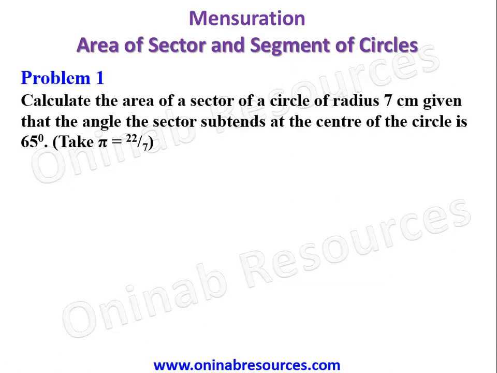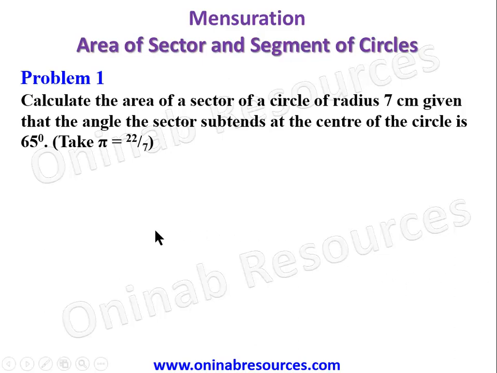Problem 1. Calculate the area of a sector of a circle of radius 7 centimeters, given that the angle the sector subtends at the center of the circle is 65 degrees. We take pi to be 22 over 7 again.